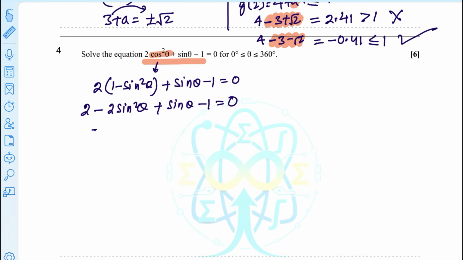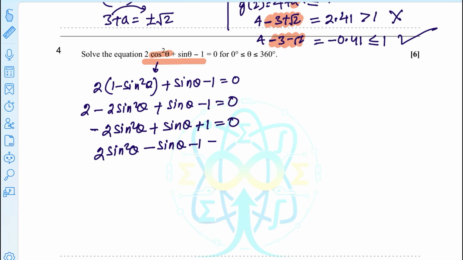If I simplify more, minus 2 sin square theta plus sin theta, then 2 minus 1 becomes plus 1, that equals 0. To make this positive, let me multiply each term by minus, so it will be 2 sin square theta minus sin theta minus 1 equals 0.